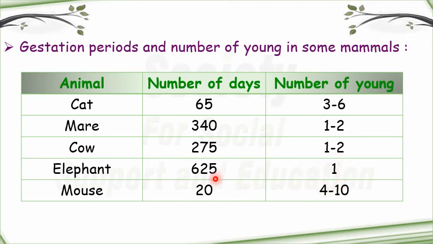So first we see that in the cat the gestation period is much smaller than that in the elephant because the size of the cat is much smaller than that of the elephant. And also we can see that the number of young that a cat can give is 3 to 6 cats, whereas the elephant can only give birth to one elephant.